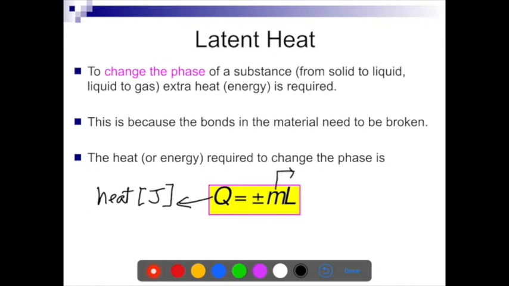M is the mass of the material or the object that is undergoing phase change. And mass is measured in units of kilogram. And L is a quantity that we call latent heat.